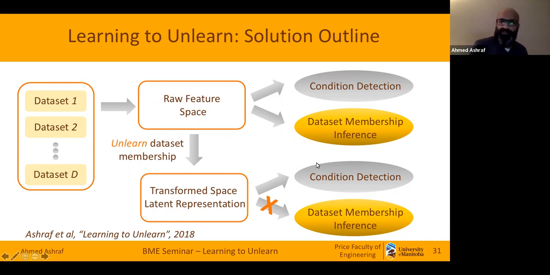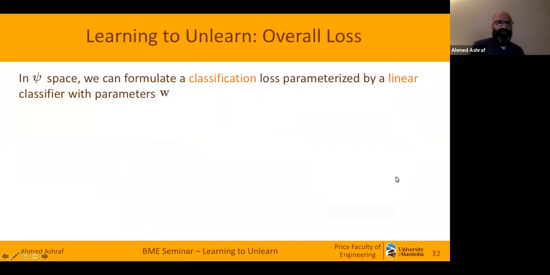But we also want to make sure that at the same point in time, the class is also detectable. So I'm not going to go into that much detail, but in that latent space, you can always formulate a classification loss. Maybe you can keep it as simple as possible. You can try to learn a linear classifier, which is parameterized by a set of weight vectors W. It could be a logistic regression classifier, which is the simplest classifier.